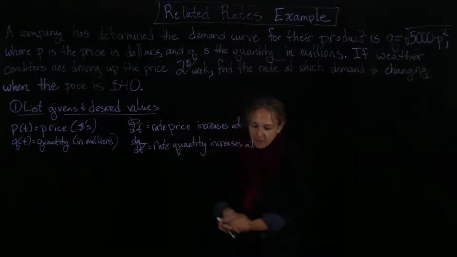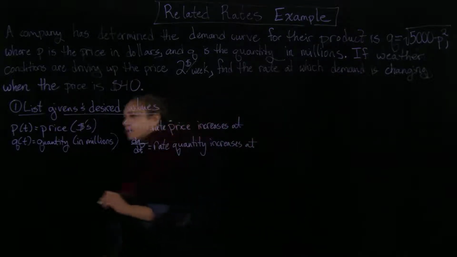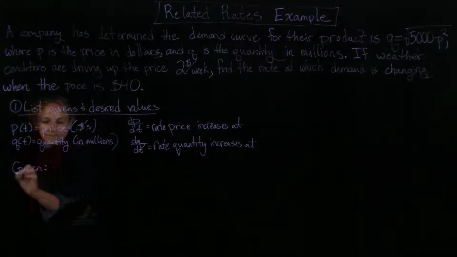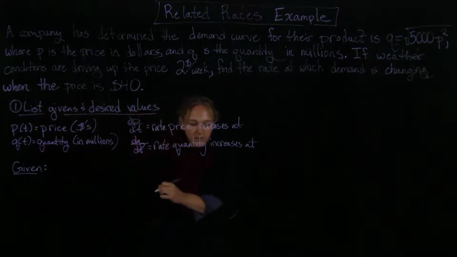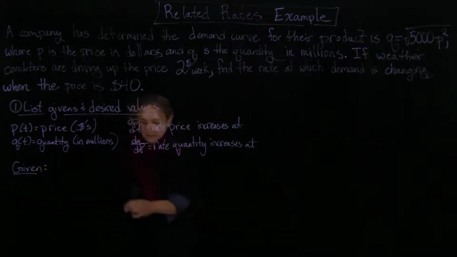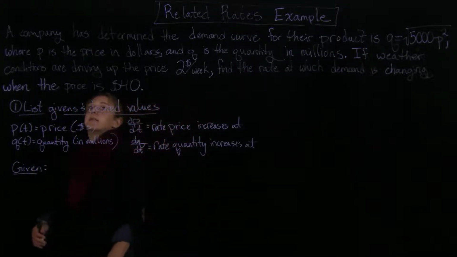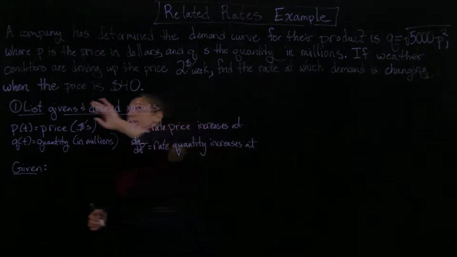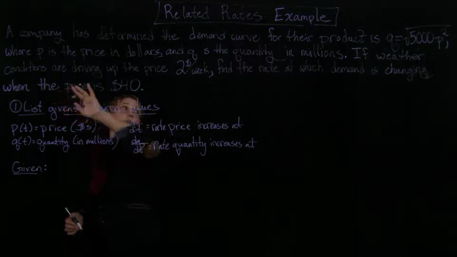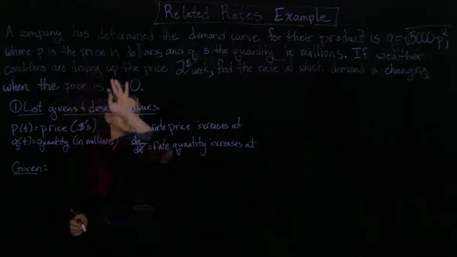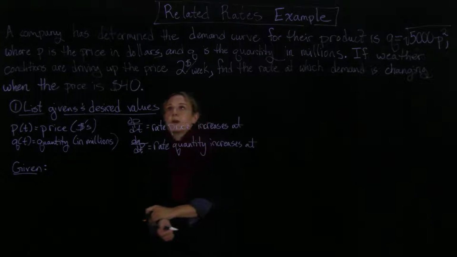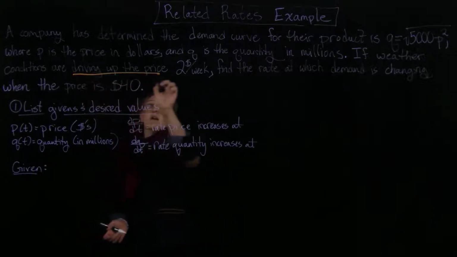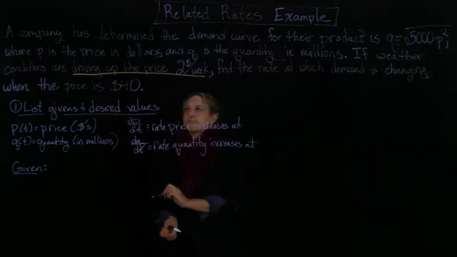So now what else are we given? If we look at this, we have that the weather conditions are driving up the price, so this is a price increase, $2 per week.